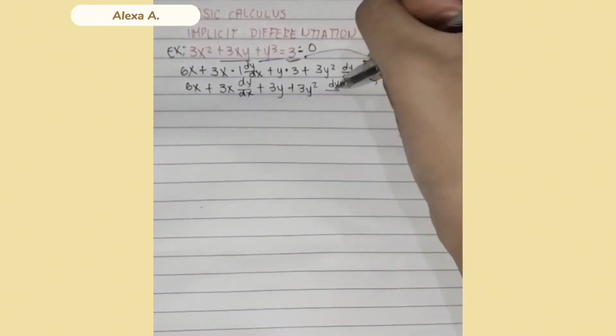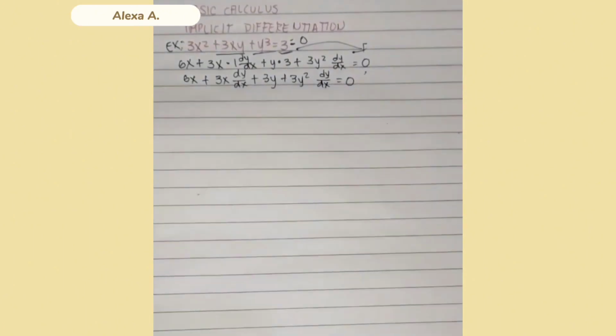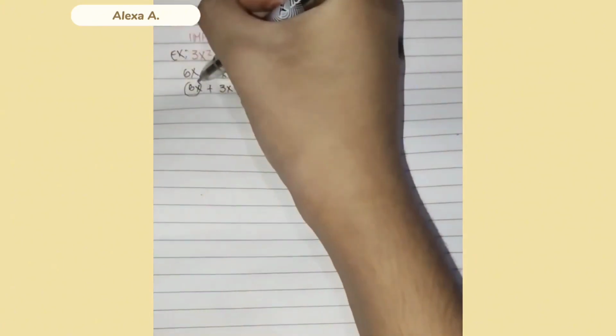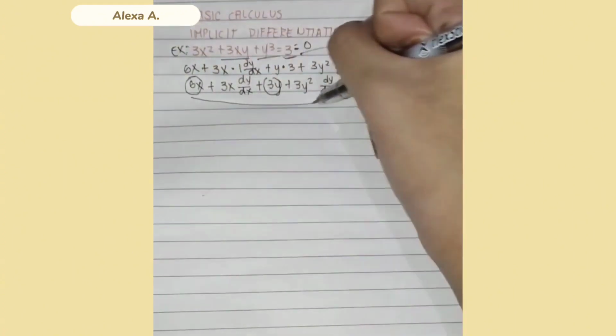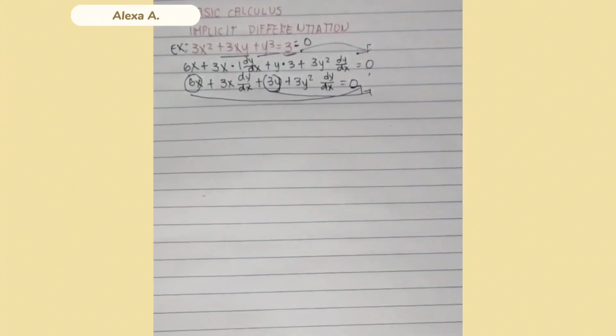Let's not forget the dy over dx and equal to 0. Now this and this one will go here and here.